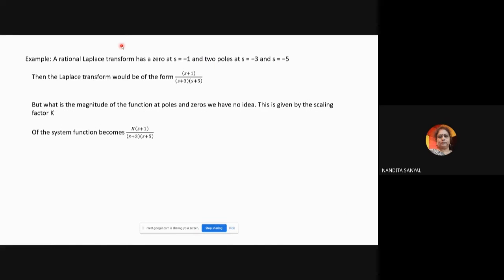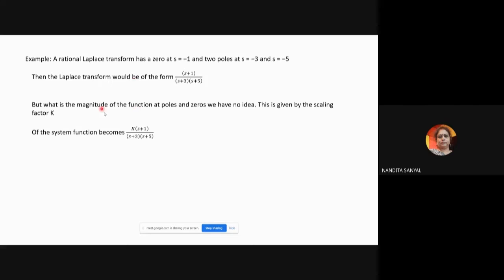So here we can give an example of a rational Laplace transform where a zero is placed at s equal to -1, and there are two poles, s equal to -3 and s equal to -5. So from there we can make this system function equal to (s plus 1) by (s plus 3) into (s plus 5).